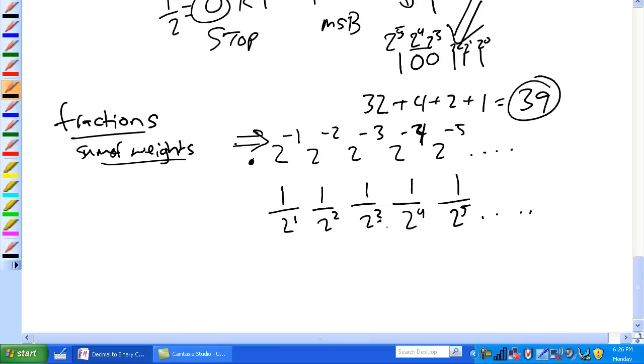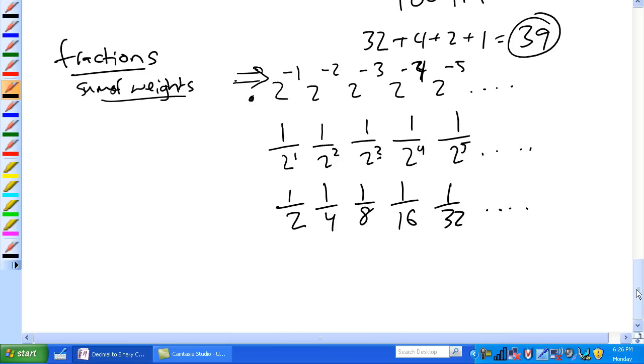If you do all the exponents, it's 1 over 2, 1 over 4, 1 over 8, 1 over 16, 1 over 32. So you get it? It's decreasing in magnitude.